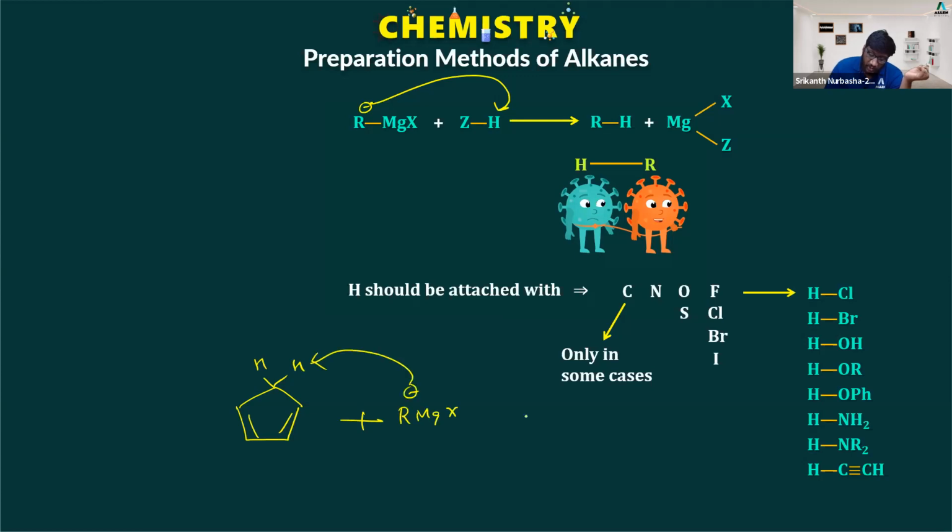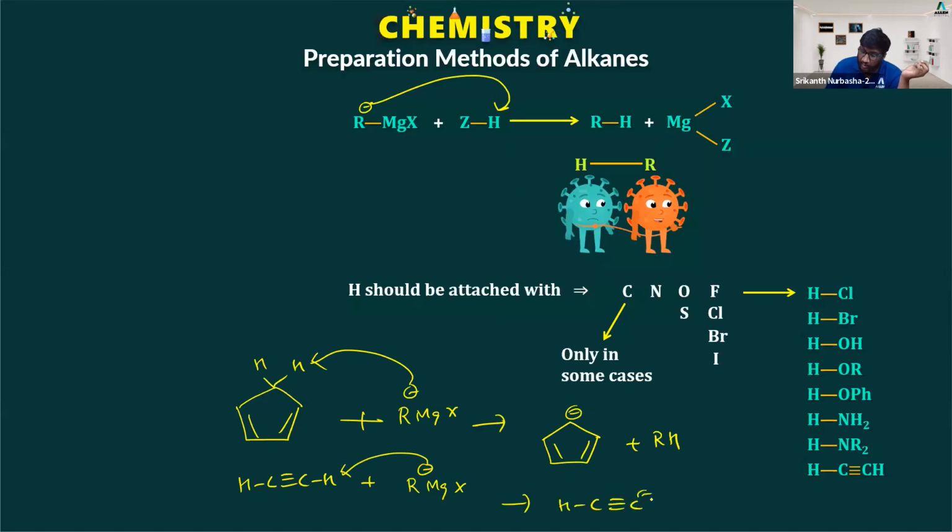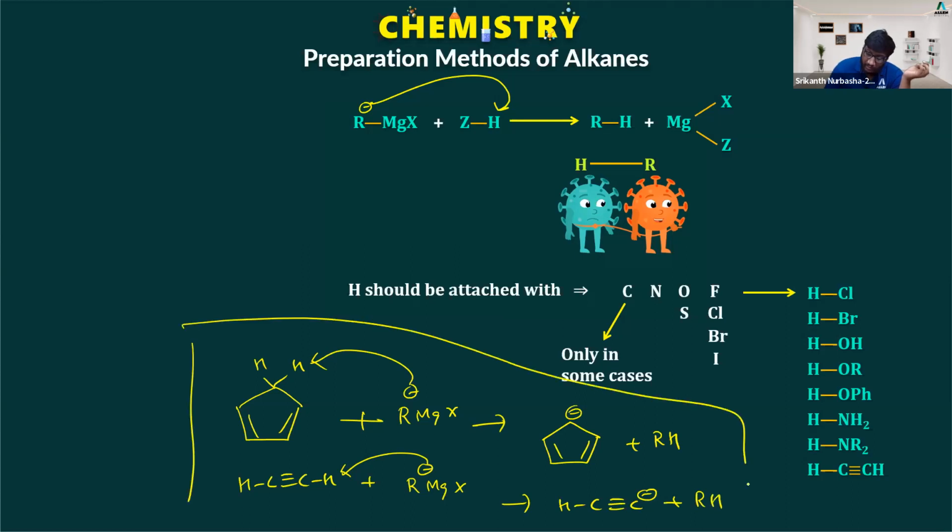R minus picks up this proton to form this compound RH. Carbon should be sp hybridized. And for sp hybridized carbon, HC triple bond CH plus RMgX. R minus picks up this proton. The CH electron density is given to form HC triple bond C minus plus RH. RH is nothing but your alkane.